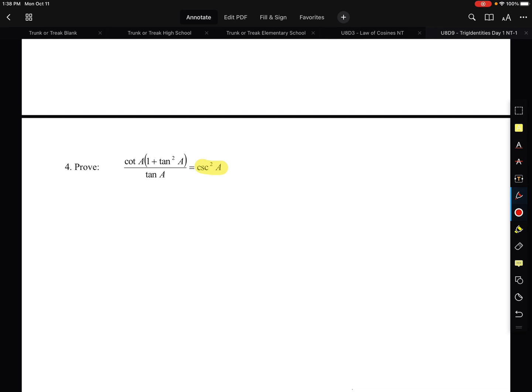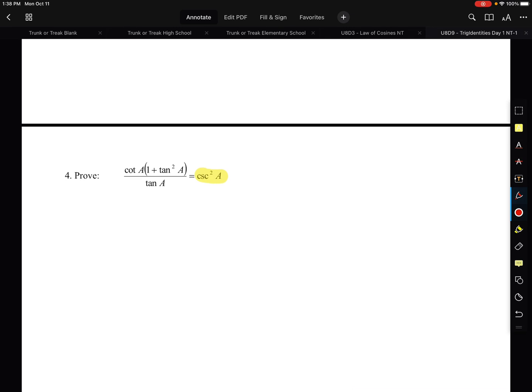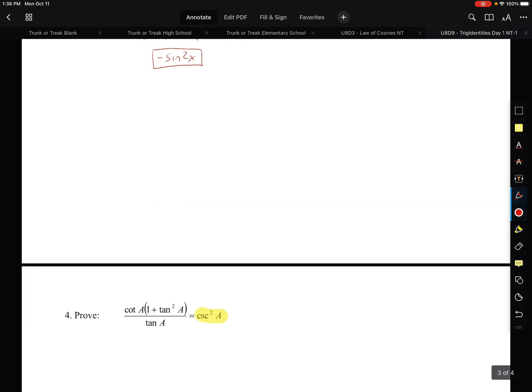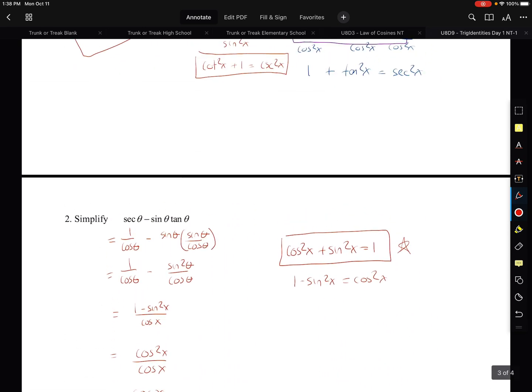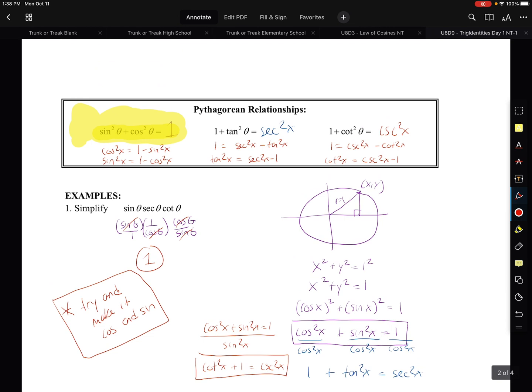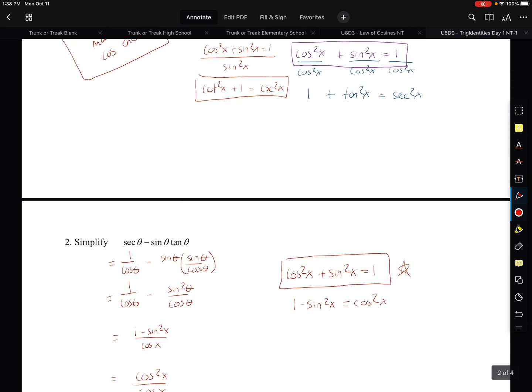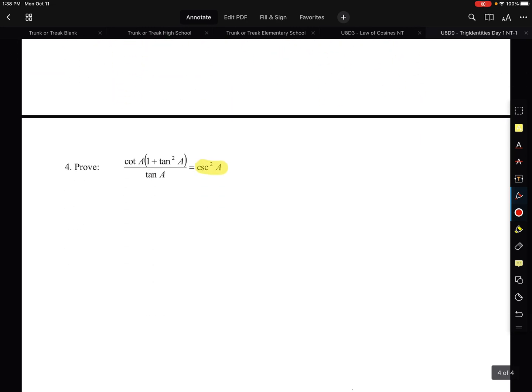All right, so looking at what I got here, right away I notice 1 plus tan squared a. Going back up to here, 1 plus tan squared a is secant squared. So that'll help me get it going. I'm changing this to x, I don't want to work in a.